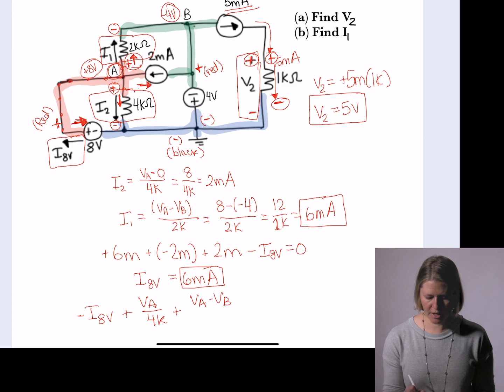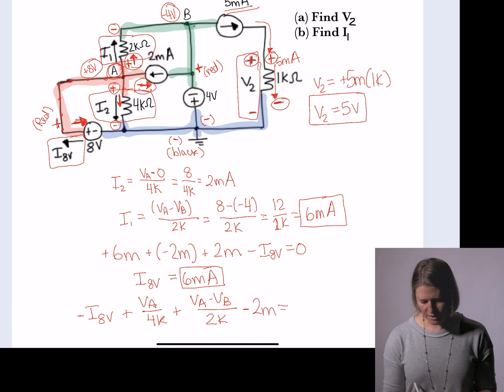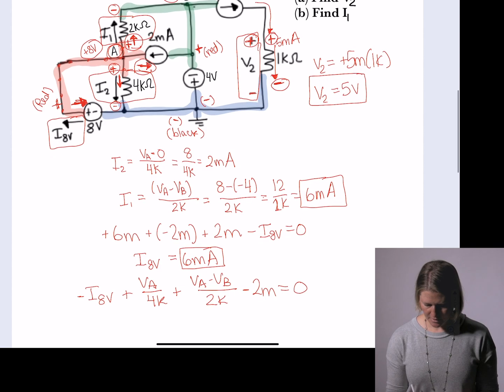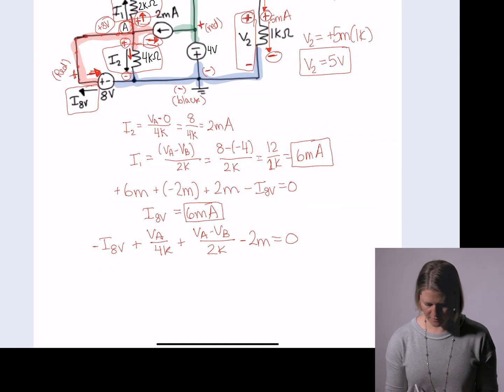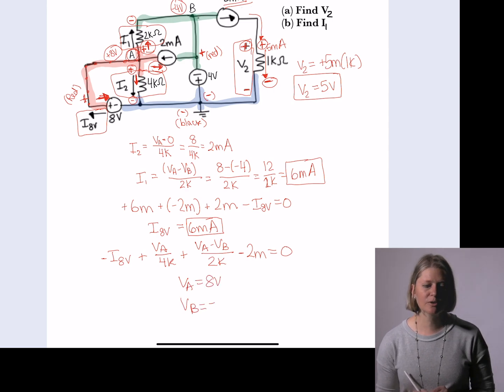And then this branch will have a minus 2 milli equals 0. And then I would need to know VA, which we did define as 8 volts, and VB as a minus 4 volts. And then I could plug those in and still solve for I8V.